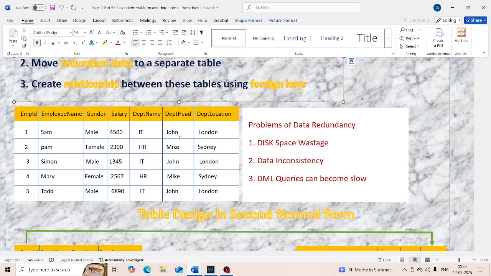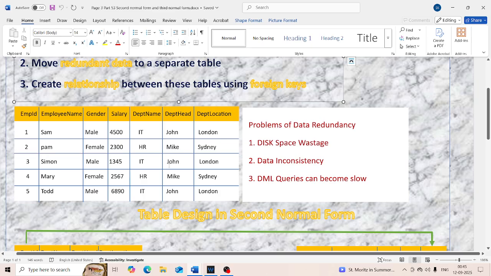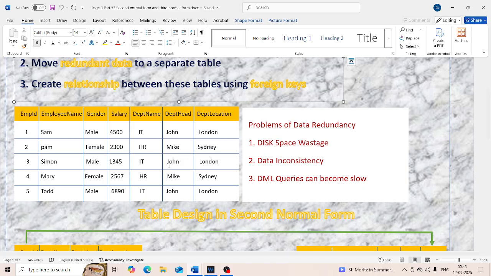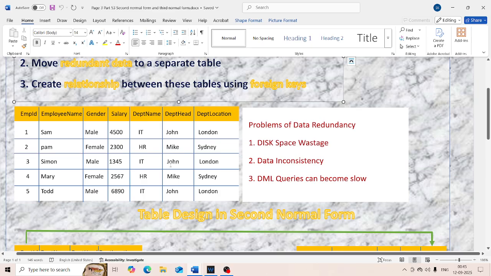For example, let's say I changed John to Josh, but I forget to change it in this row and the last row.